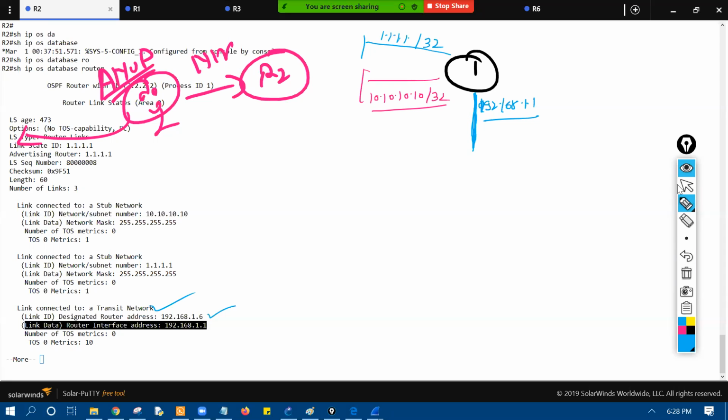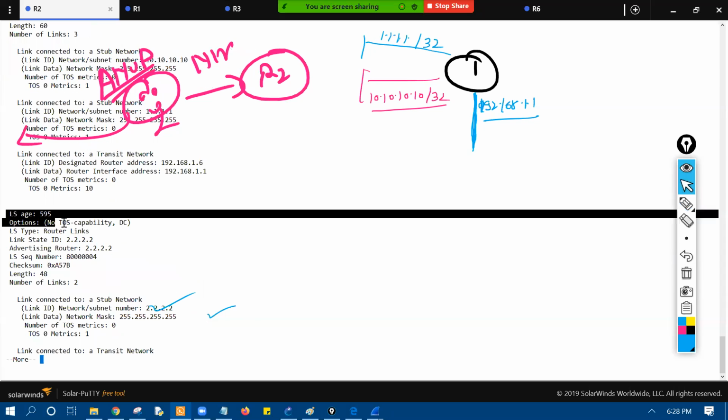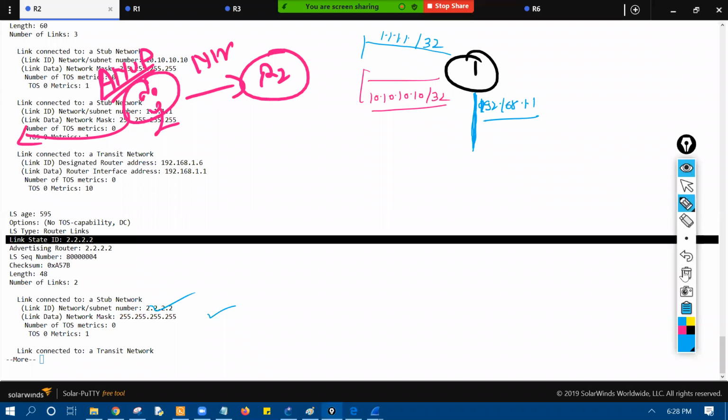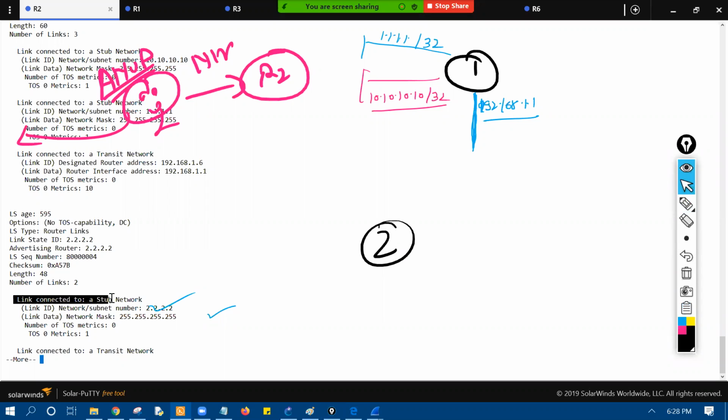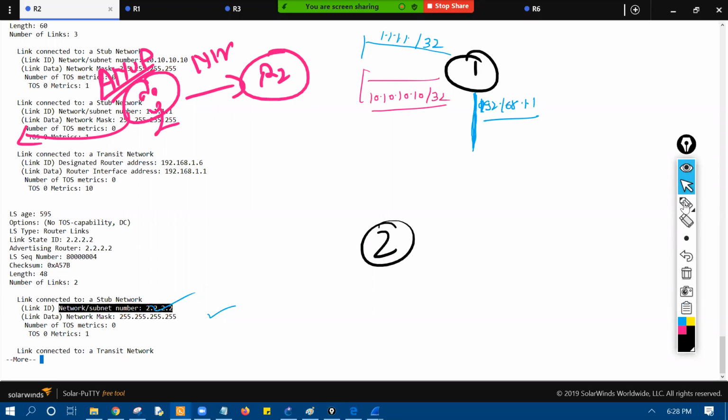Now let's see another piece of information. Now he's showing the information about router 2, the link state for router 2. We have one stub network, and the ID of this one is 2.2.2.2. So let me draw the stub network for this, /32.